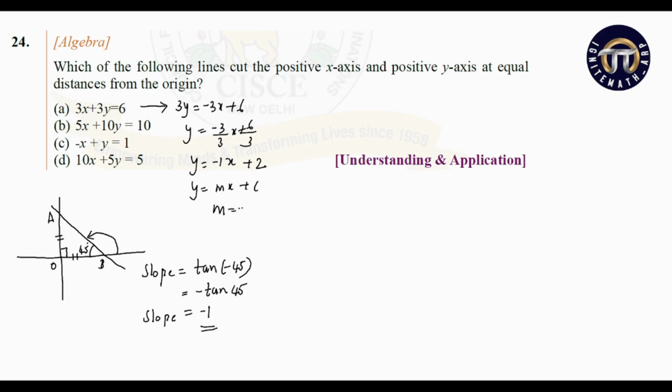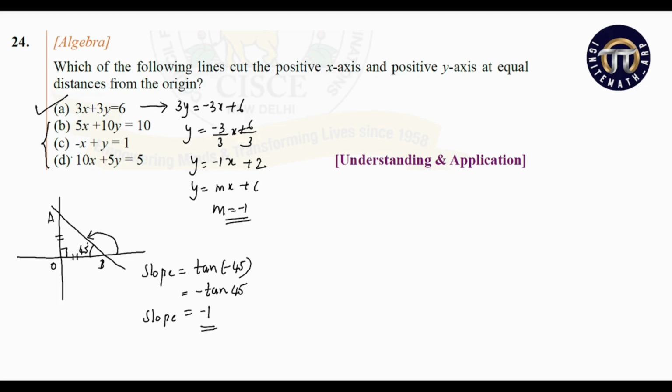So m is equal to what? Minus 1. So the slope of the first line itself is minus 1. Since I need to choose only one answer over here, obviously the rest of the three answers won't satisfy the slope as minus 1. So the right answer is option A, that is 3x plus 3y is equal to 6. You can again check by making y the subject of the formula.